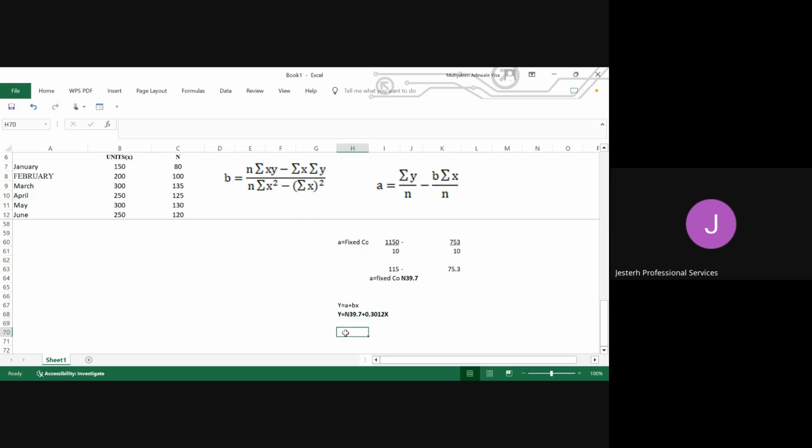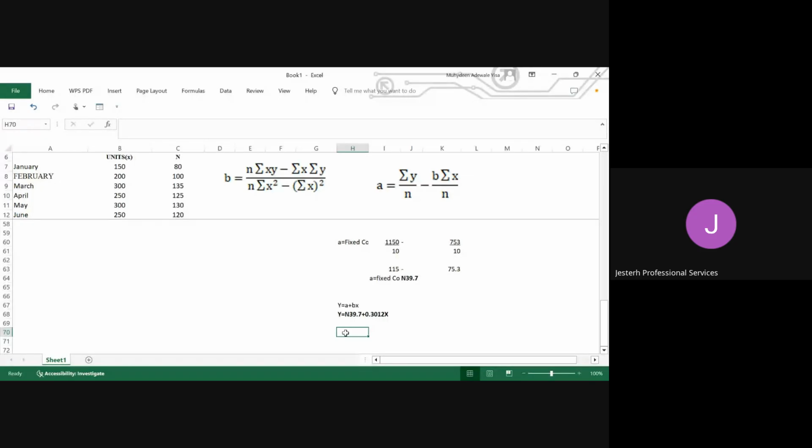Now, this is what they are expecting us to get. This is what management accounting students, or as a management accountant, you are expected to create: your cost functions.